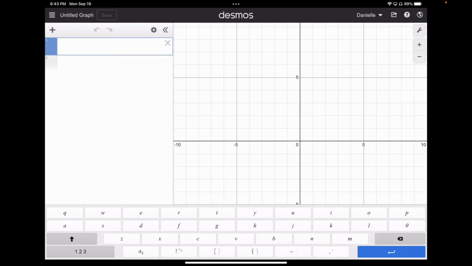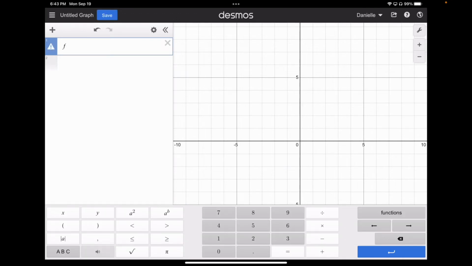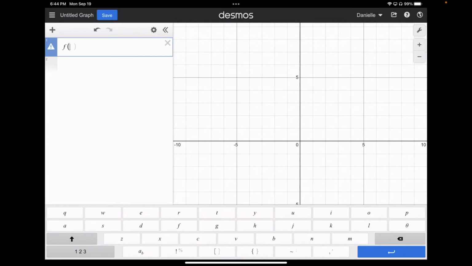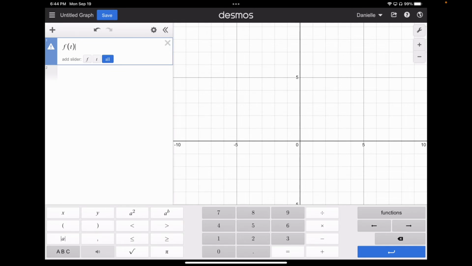So we'll say f of t is equal to 243 times 1/3, raised to the power of t.